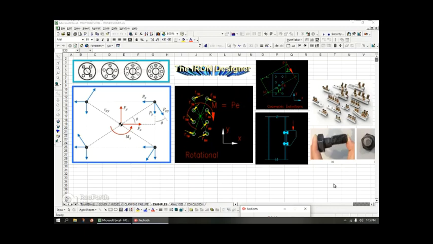So we're going to use trigonometric and geometric principles in order to break down the components into perpendicular X and Y resulting forces.